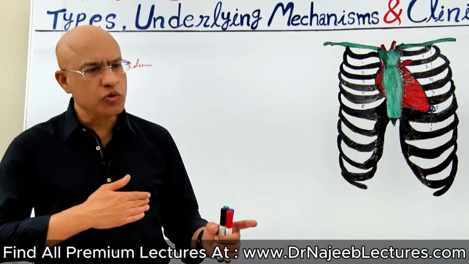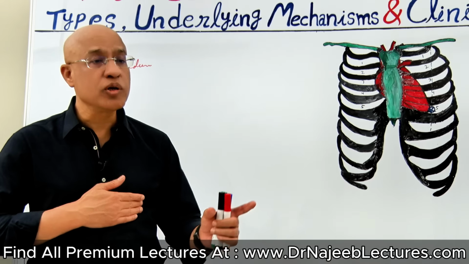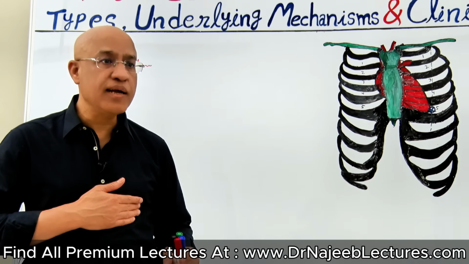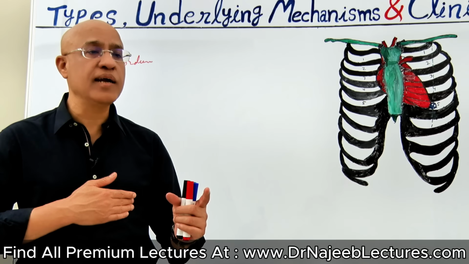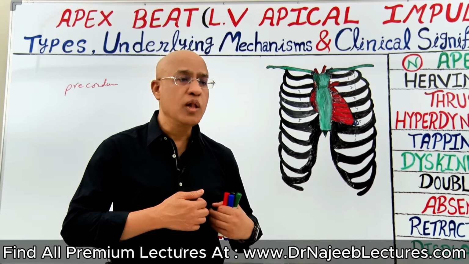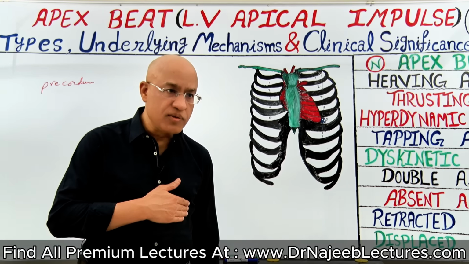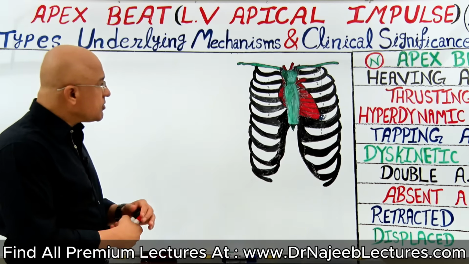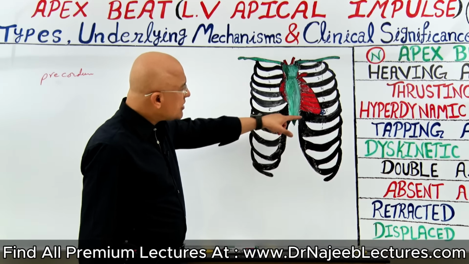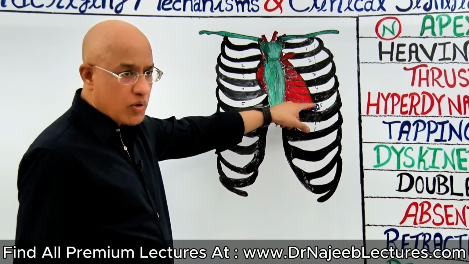Why left decubitus position? Because that brings the heart nearer to the chest. And why at the end of expiration? That relatively deflates the lungs and takes the pulmonary tissue away from the heart, so the heart is nearer to the chest.